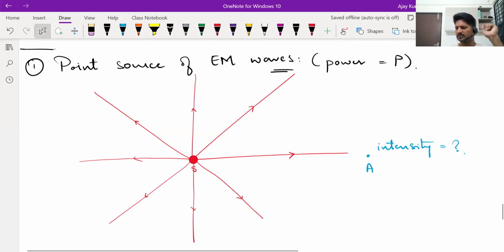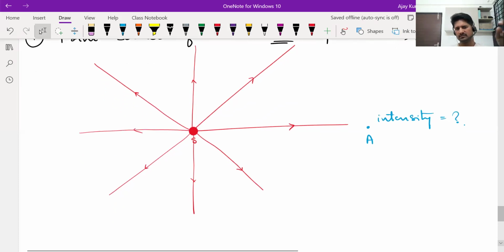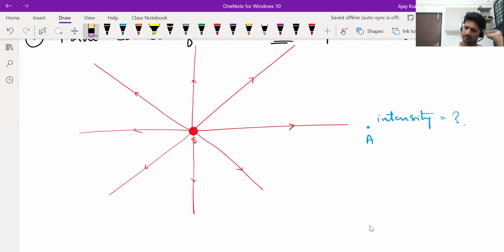Can one of you quickly tell me the basic formula for intensity? Not in case of EM waves. What is the general formula for intensity, like by definition? Sir, is it power by 4 pi r?